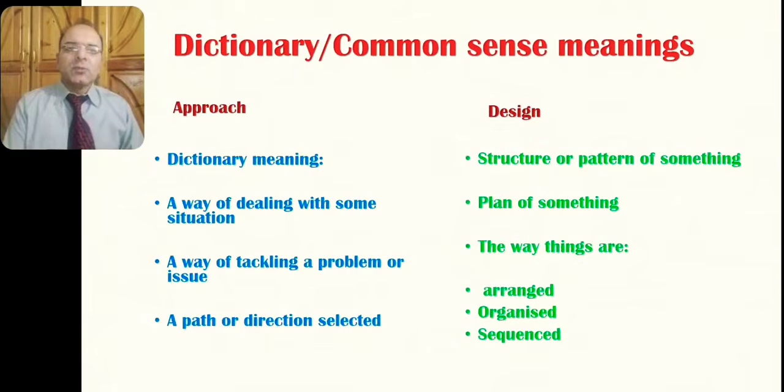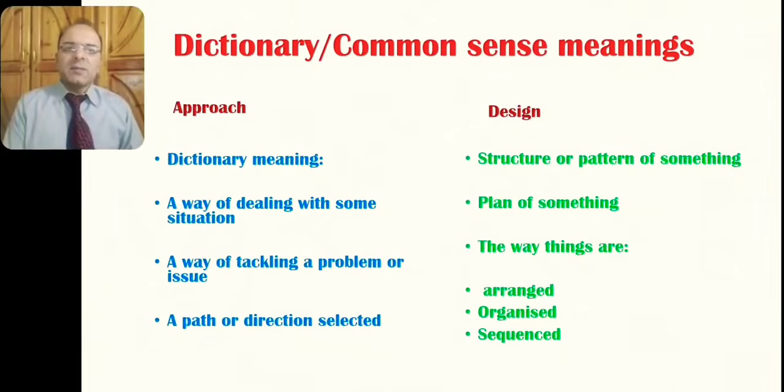solution of the problem. A design, on the other hand, is something that represents the structure or pattern of something, or the plan of something, the plan involving the process, the way things are arranged, and the way things are organized, and the way things are sequenced.